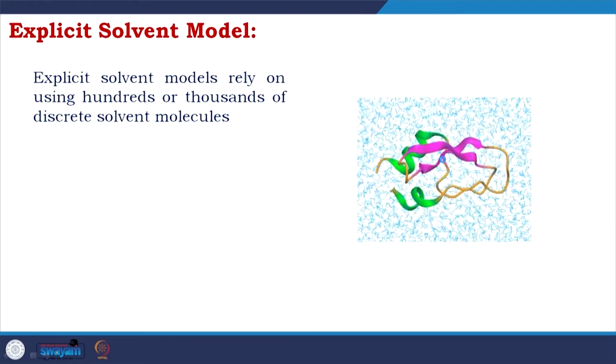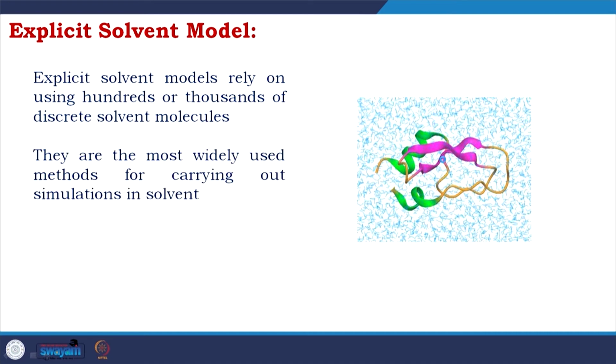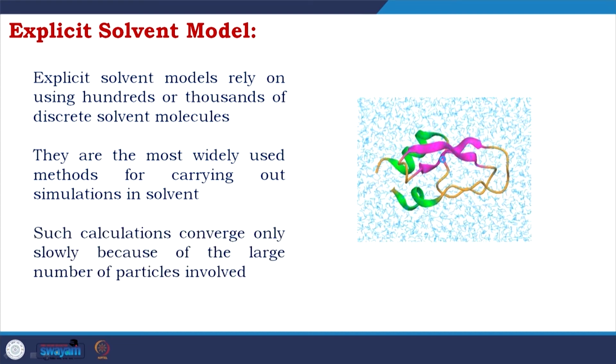There are two types of models: explicit solvent model and implicit solvent model. Explicit solvent models are the real model, where you have hundreds and thousands of water molecules or solvent molecules. They are the most widely used method for carrying out simulation in solvent because they are realistic, but because they are many in number, they are computationally expensive.